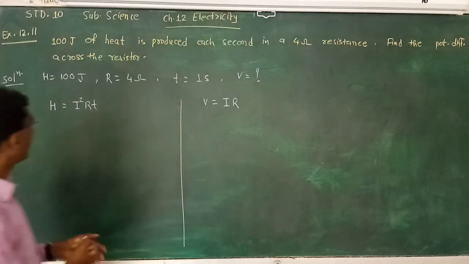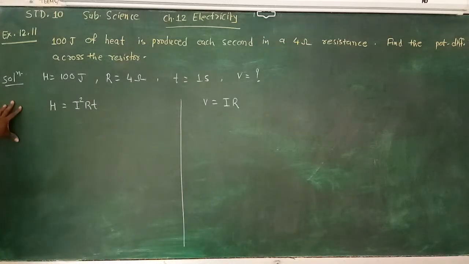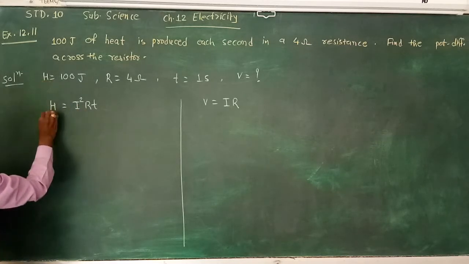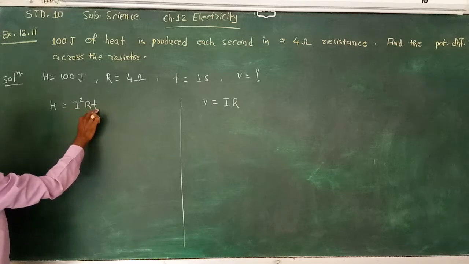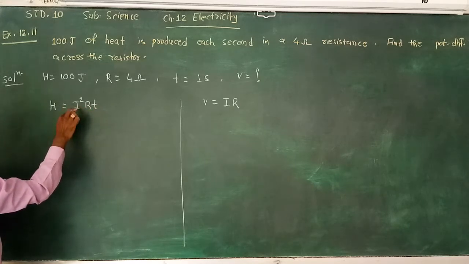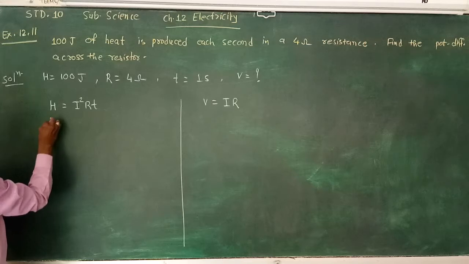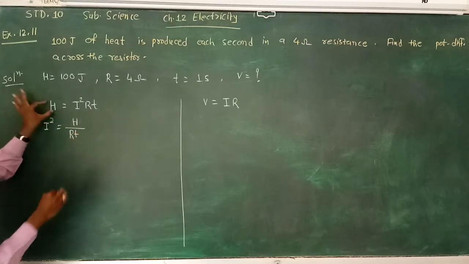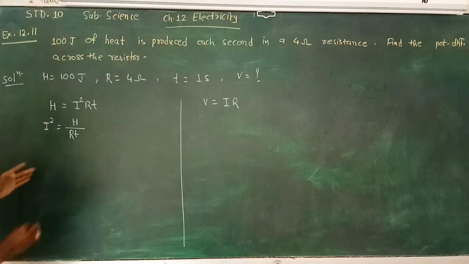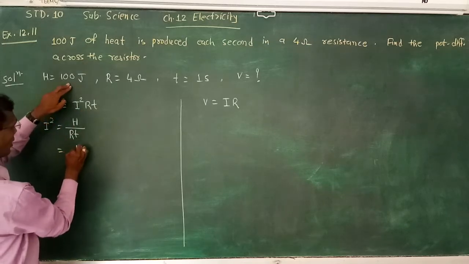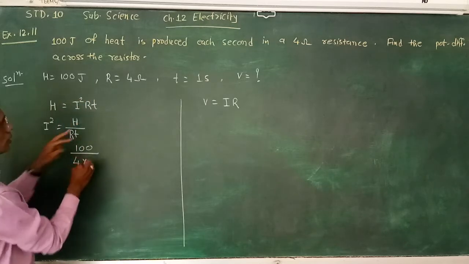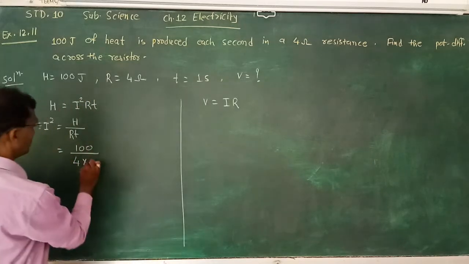Now as you know, according to Joule's law, H equals I square RT. We will find out the current I. Heat is given, resistance is given, time T is given, so we find I square. I square is equal to H upon RT. Heat H equal to 100 joule, resistance R is equal to 4, time T equal to 1.